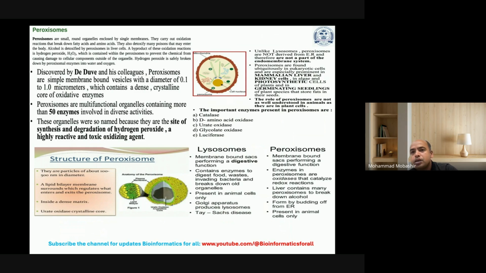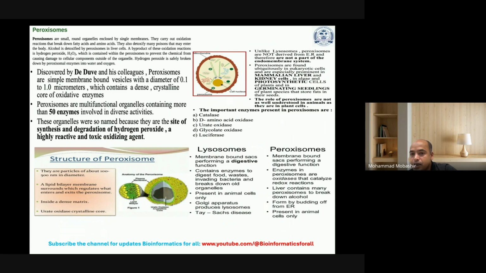Then, since there are some functional similarities between lysosomes and peroxisomes, you can understand here the difference between them. Lysosomes are membrane-bound sacs performing a digestive function, and peroxisomes are also membrane-bound sacs performing a digestive function. This is similar. Lysosomes contain enzymes to digest food waste, invading bacteria, and break down old organelles.